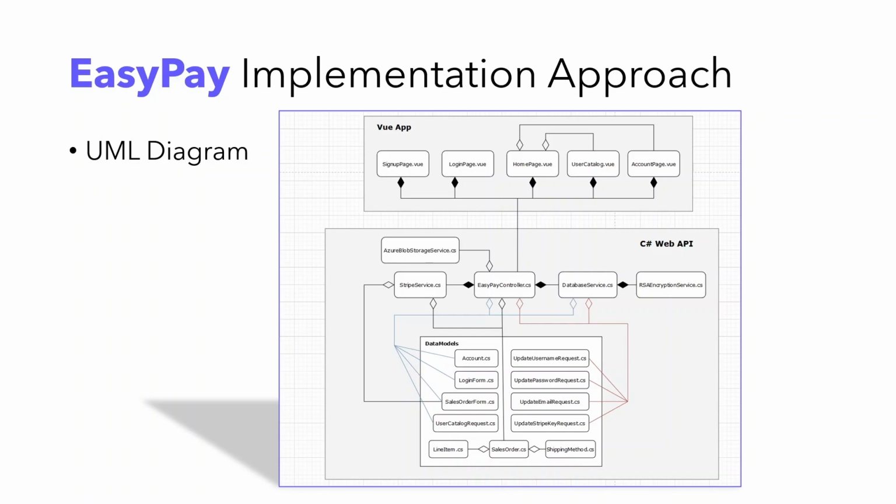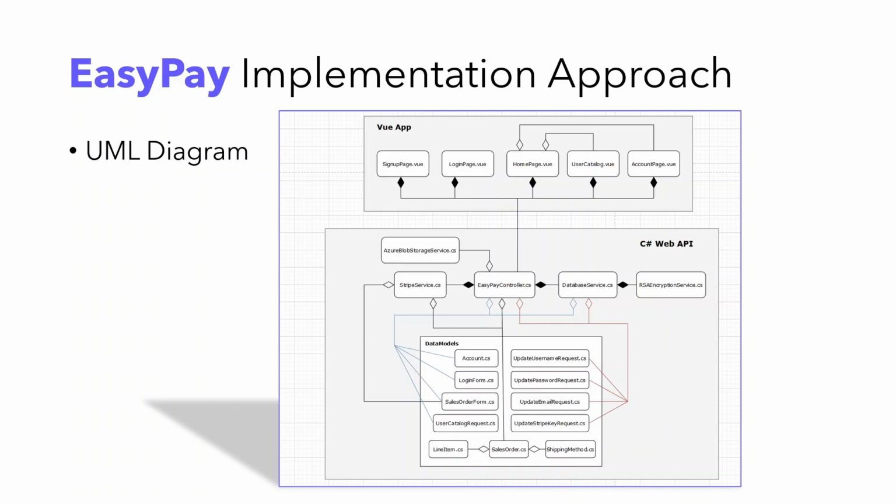We have an account form, a login form, we have different sales forms, then we have different update requests that we created. Then that all ties to the main location, which is the EasyPay controller, where our API endpoints are set up. Most of all our functionality from the Vue app is received through the EasyPay controller through HTTP requests.